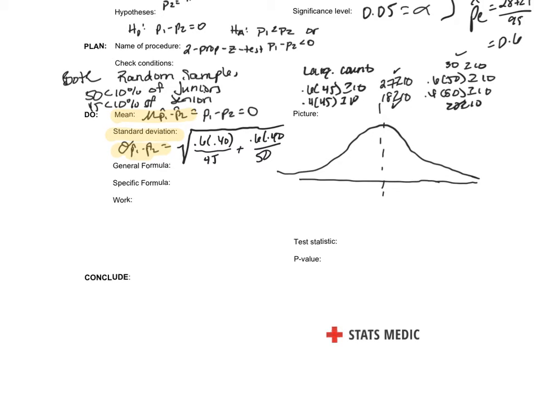Okay. And so those numbers work out to be, just for our own sakes, 0 and 0.101. Okay. And so we're going to say that it's approximately normal with a mean of 0 and a standard deviation of 0.01. You're going to start seeing that show up more and more if we haven't already seen that.